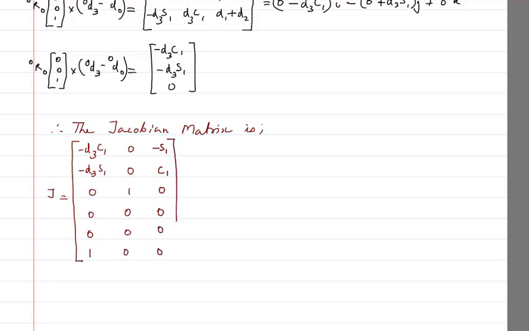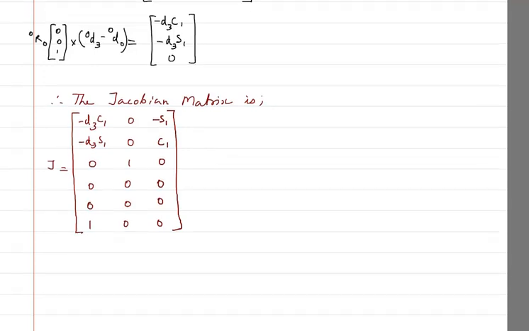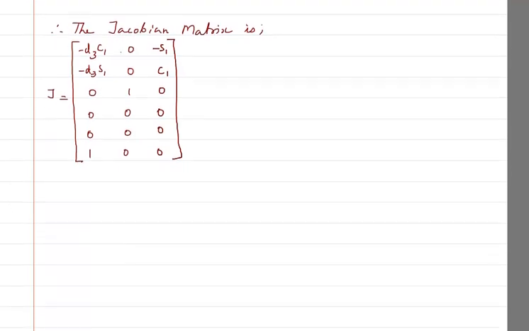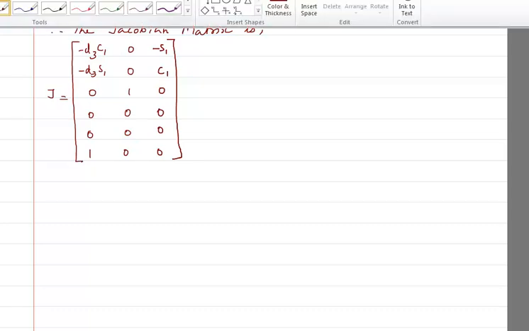Again, it will be just three zeros. So this is the Jacobian matrix. And the final velocity kinematics is given by, so let me write that properly.